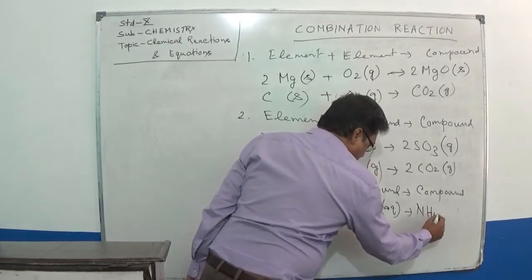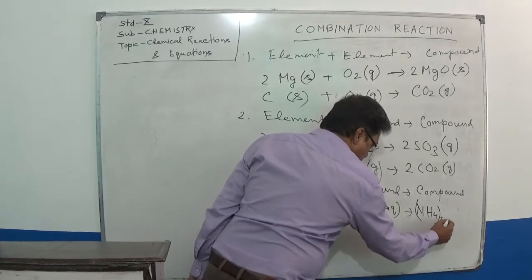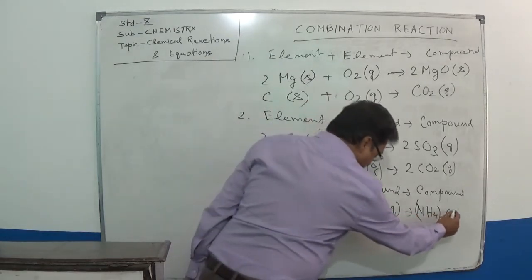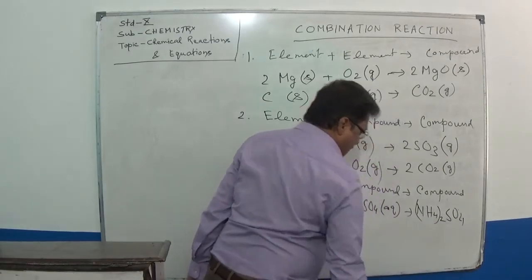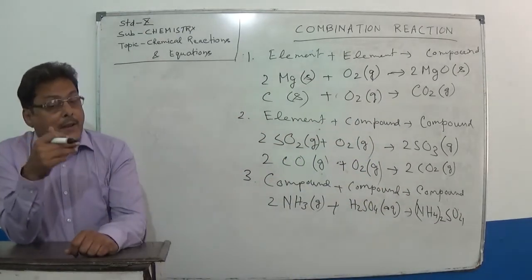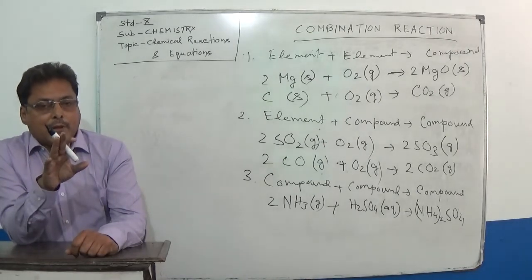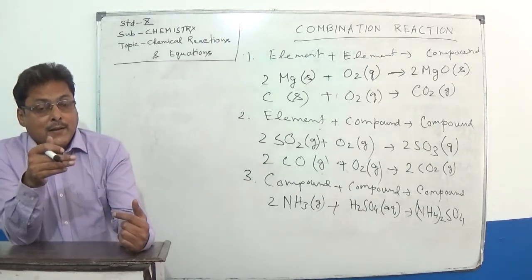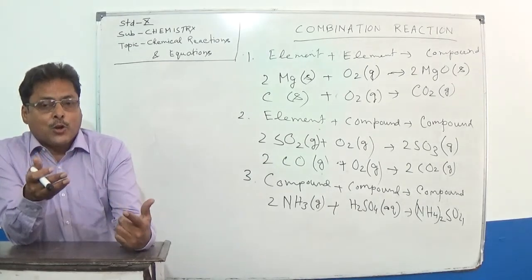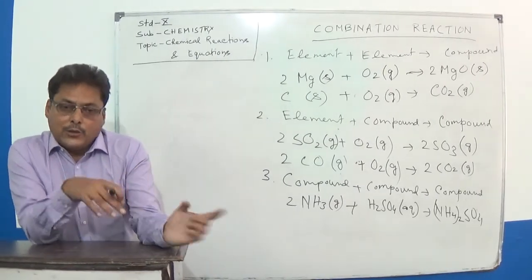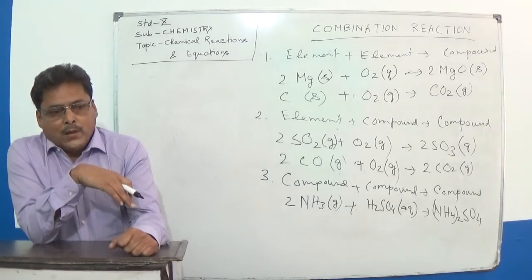Okay, look at this. Mind you, this formula I am writing here, ammonium sulfate, sometimes they may be unbalanced. If you are serious, you can go through each of these equations and check if they are balanced or not. And if they are left unbalanced here, you try to balance them yourself.